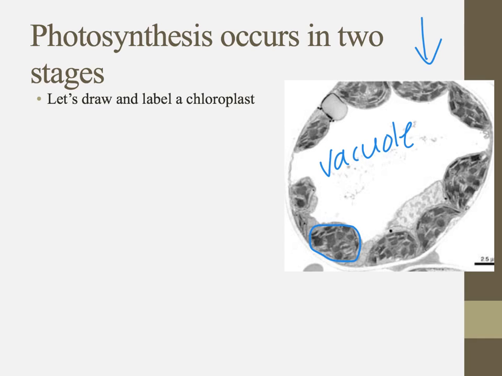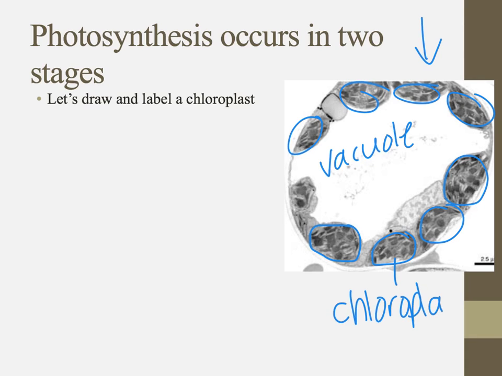All of these things lining the periphery are chloroplasts. This is kind of what they look like in scanning electron microscopy. And this, I would venture to say, is the nucleus. I can see some chromatin material spread out through here.